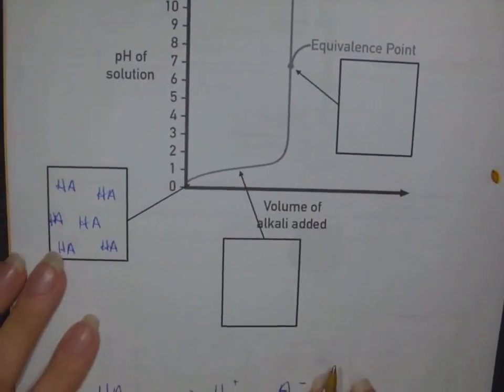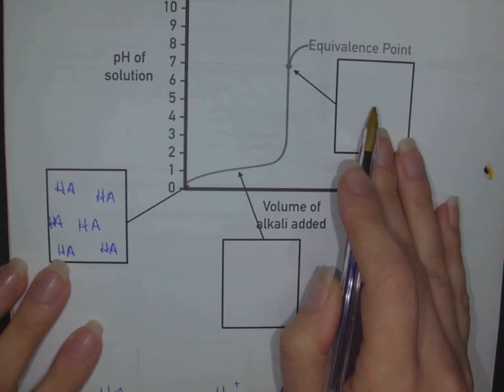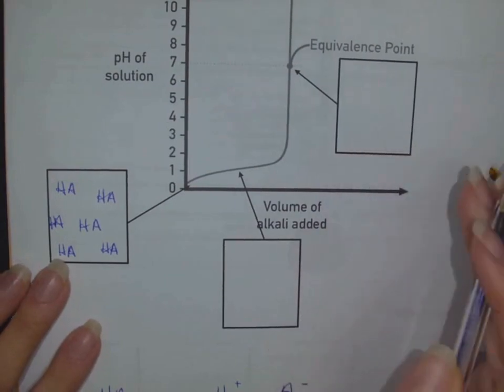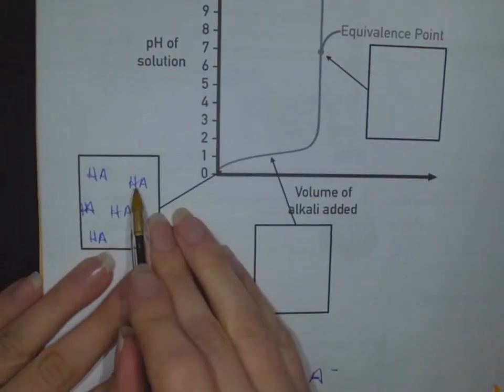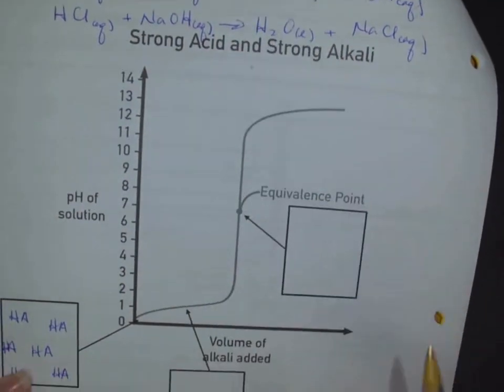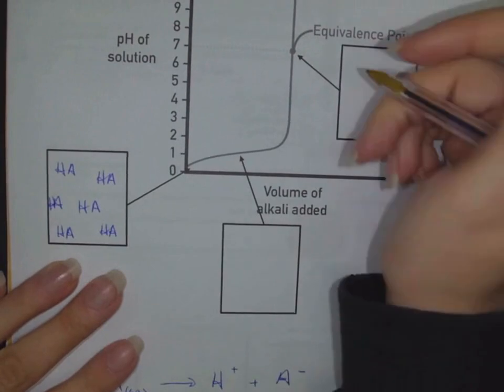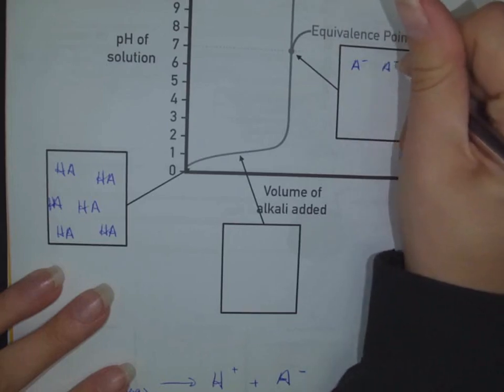And so what's really interesting is at this point, we have equal amounts of the acid and the base, and it completely reacts. And so what we are left with, all of these hydrogens actually went to water, liquid. I'm not going to draw the water liquid. And what we're left with is those A- that are floating around.